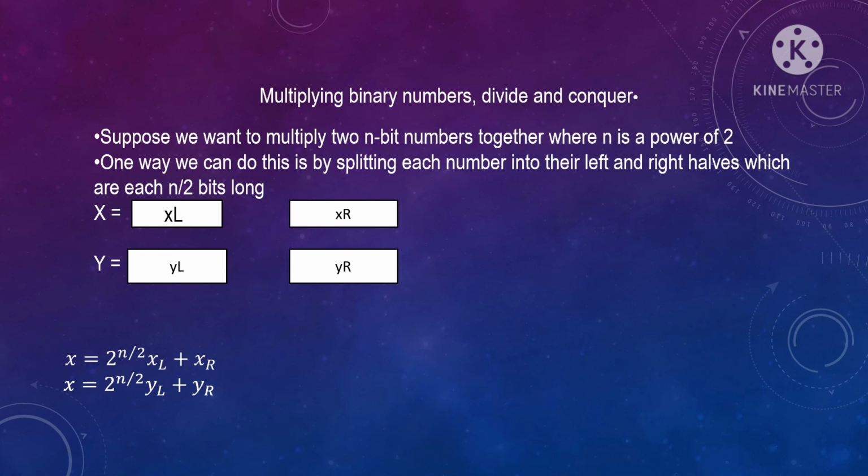Suppose we want to multiply two n-bit numbers together, where n is a power of 2. One way we can do this is by splitting each number into their left and right halves, each n over 2 bits long. X is equal to XL, XR, and Y is equal to YL, YR. X is equal to 2 to the power of n over 2 XL plus XR. Y is equal to 2 to the power of n over 2 YL plus YR.